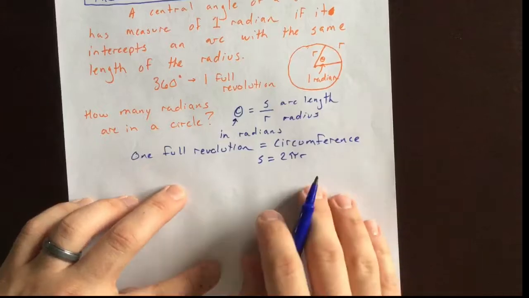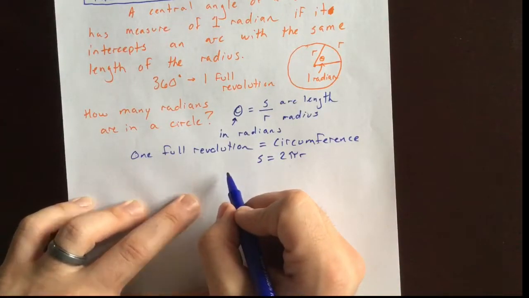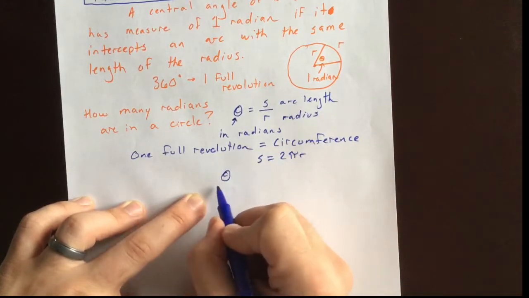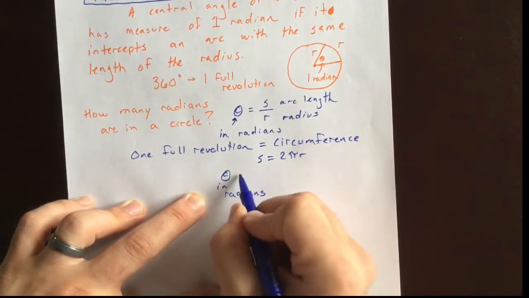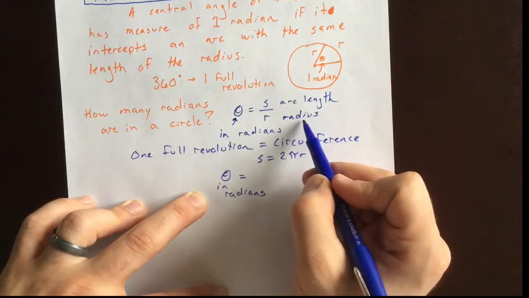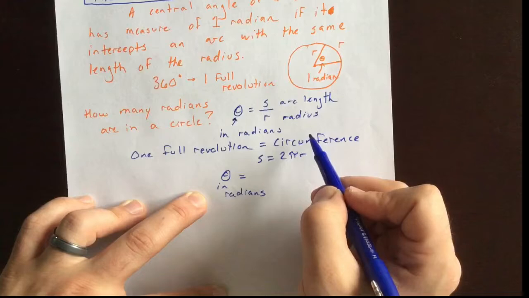So let's think for a moment. If I'm looking at an angle measure in radians, remember, in radians, we said it's the arc length divided by the radius of the circle.